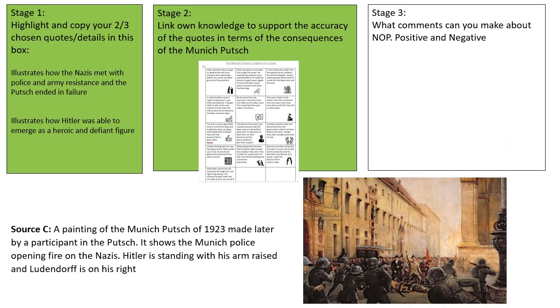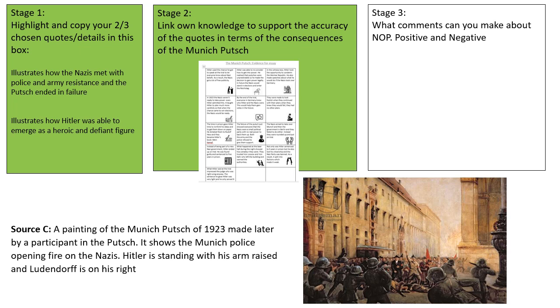So on your information sheet, you've got a lot of boxes, and each of these boxes reveals consequences of the Munich Putsch. Now you should be able to read through these boxes and find information that would support the notion that the putsch ended in failure and ended in violence on the streets of Munich, and you can prove that that's valid information from the source.